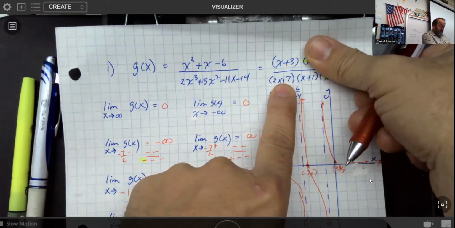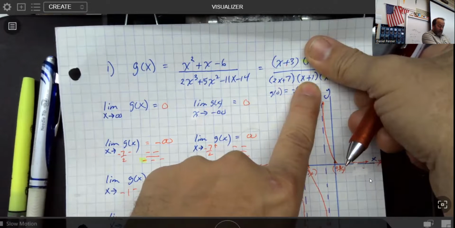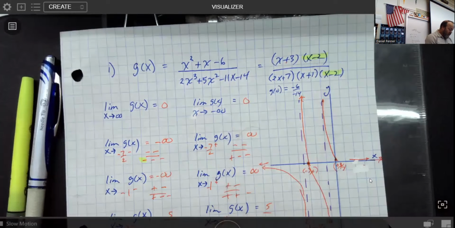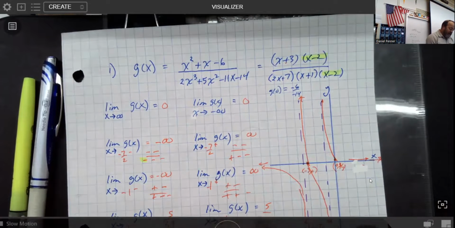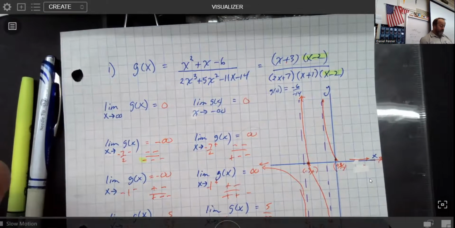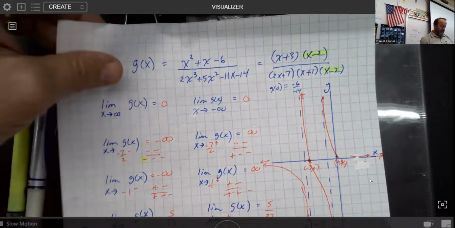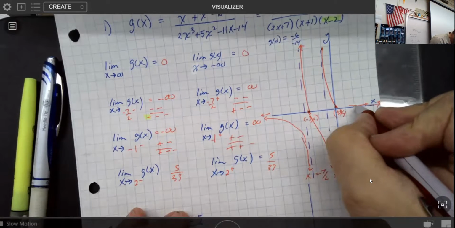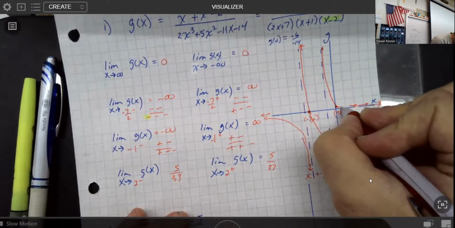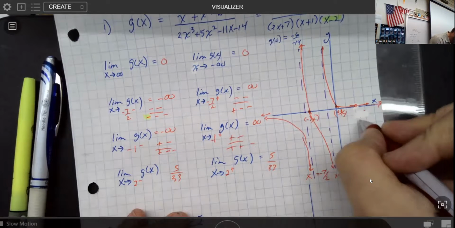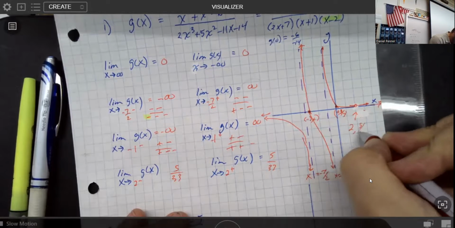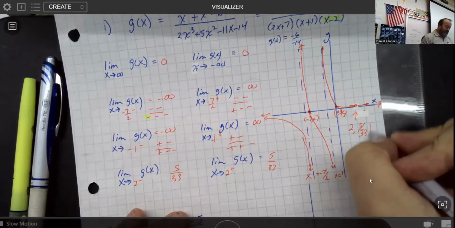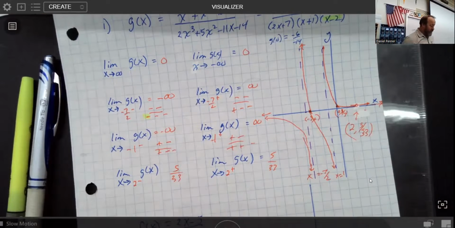That's 11, and 2 plus 1 is 3, or very close to 3. So 11 and 3 makes 33. So I'm not saying that these numbers would be identically 5 over 33, but they're infinitely close to 5 over 33 because that's what I plugged in. So over here, that is the location of this removable discontinuity, at 2 comma 5 over 33. And that is the end of our story.